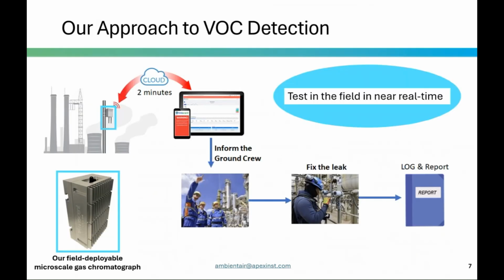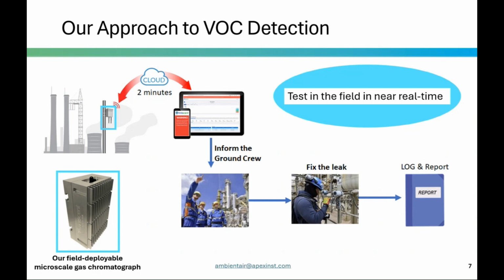For folks that are interested in getting better time resolution information related to VOCs, we recommend deploying a system like ours, our portable, field-deployable microscale gas chromatograph, or VOC analyzer for short. This unit's been designed to be deployed out in the field along the fence line of a petrochemical facility.